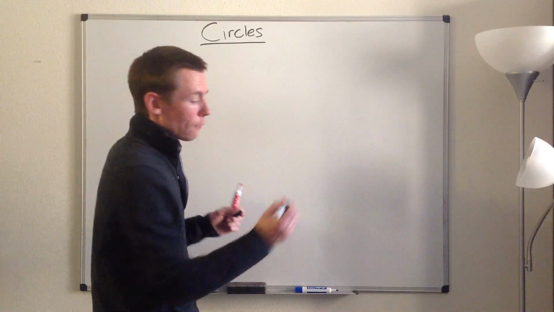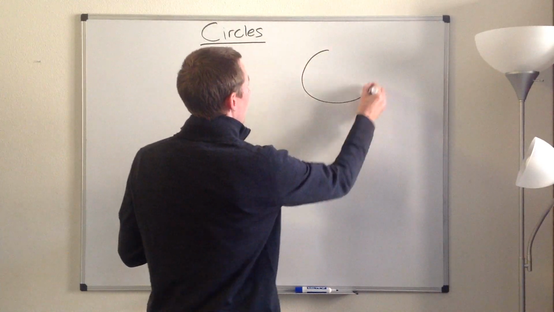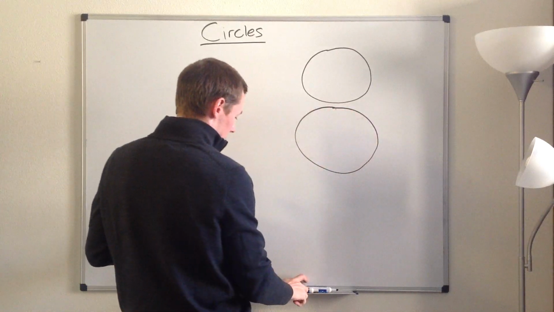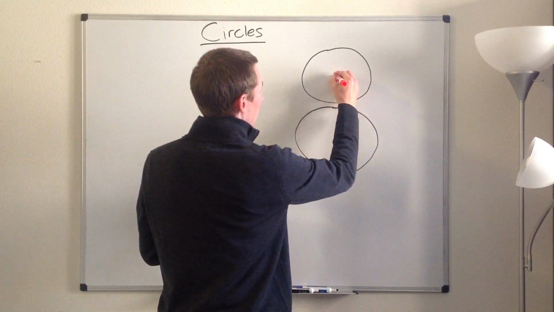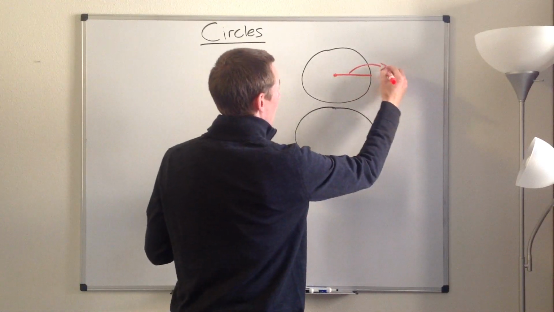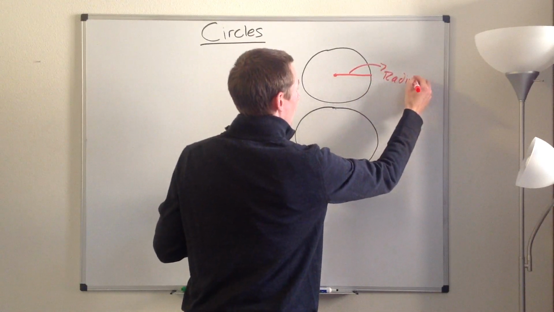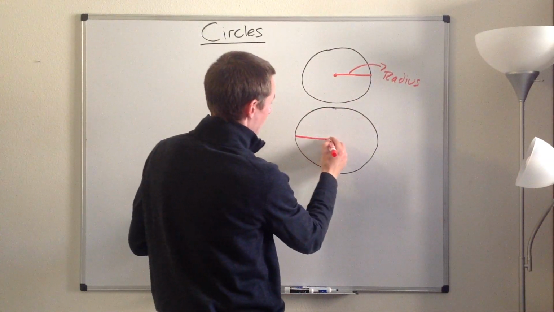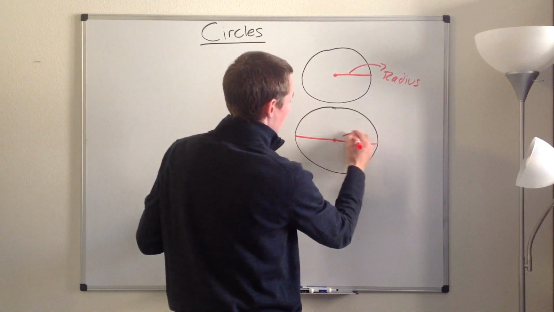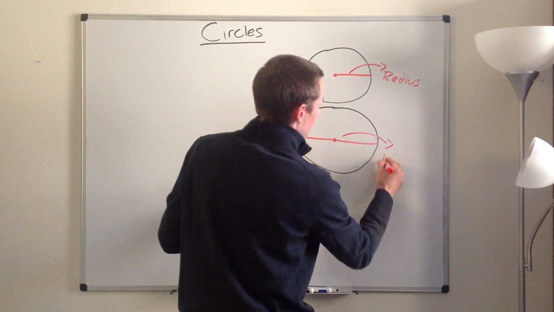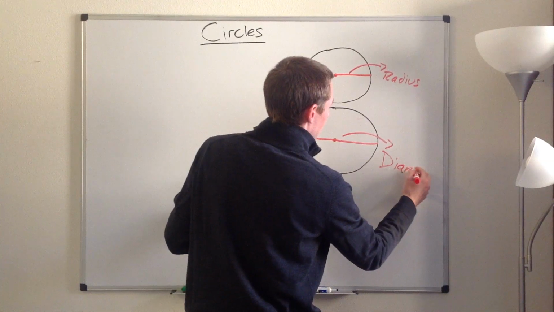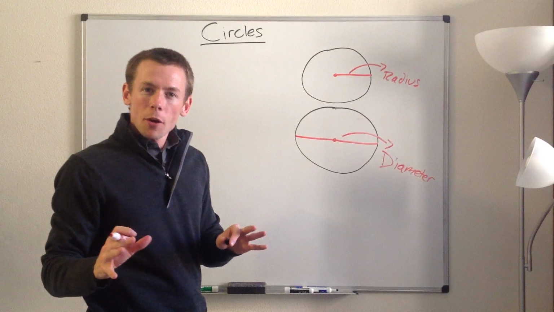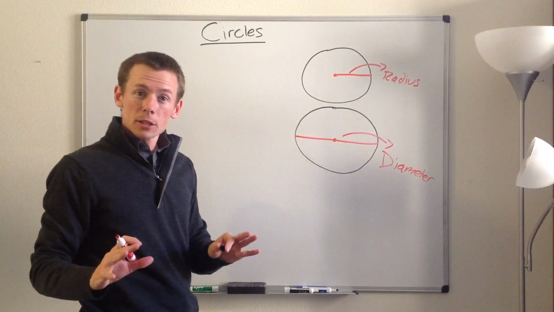So, what we have so far is the radius and the diameter. And for purposes of 093, we're going to look at two other aspects of a circle.